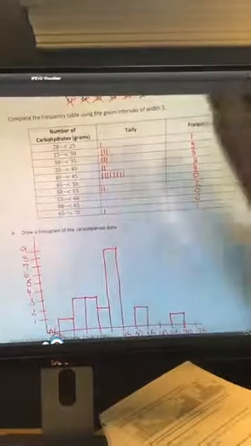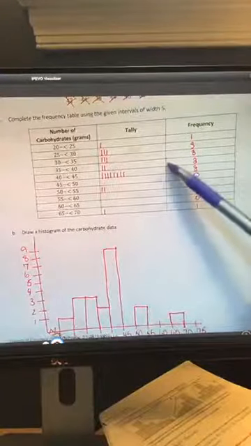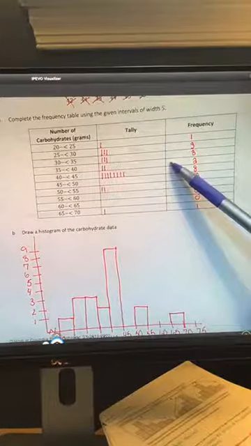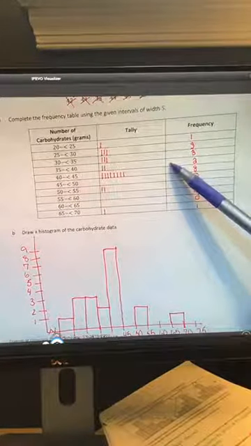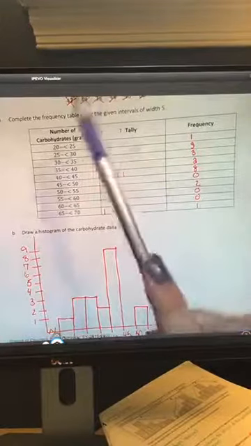What you did was you took all of these ages, you broke them up based on their different ranges.